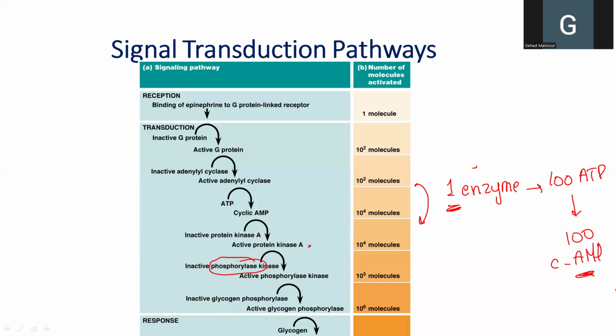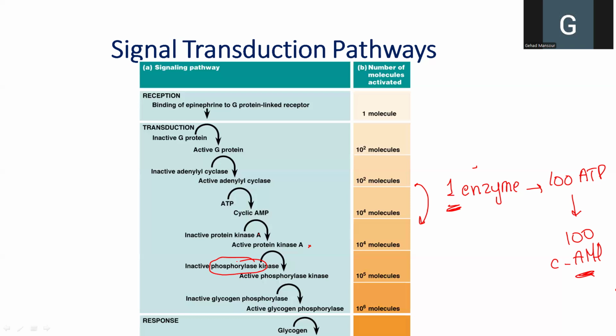And here is the phosphorylase I have talked to you about. That phosphorylase enzyme can phosphorylate, but using an inorganic phosphate. And then at the end of the day, we have the glycogen phosphorylase enzyme that is activated, that phosphorylates glycogen to convert it into glucose.